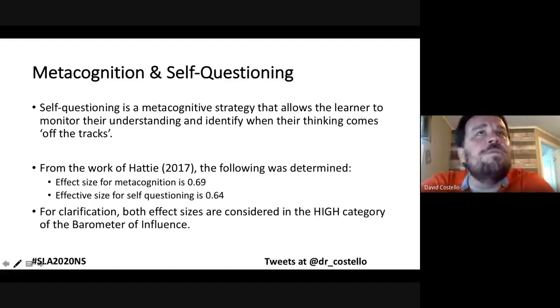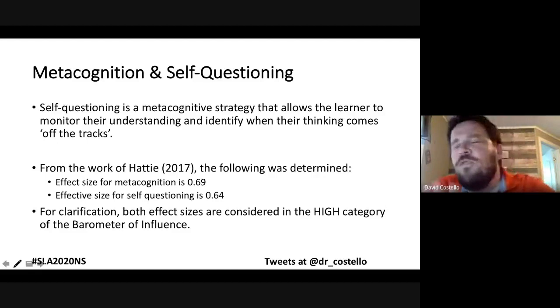And the effect size for self-questioning is 64 hundredths, which is still hugely impactful. We tend to think of the high range as anything, I think it's 4 tenths and above. So metacognition and self-questioning have a great deal of value added to them.